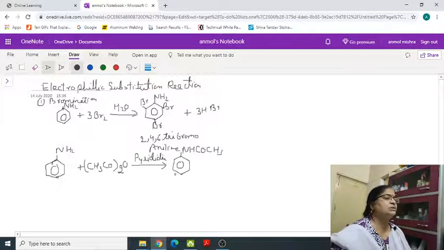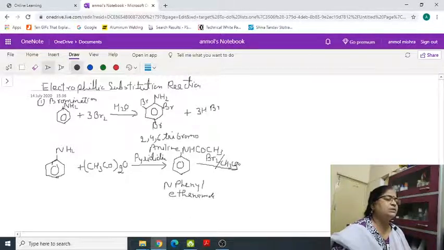So it forms N-phenylethanamide. Now this reacts with bromine and acetic acid, then it forms the monosubstituted product, the para product.